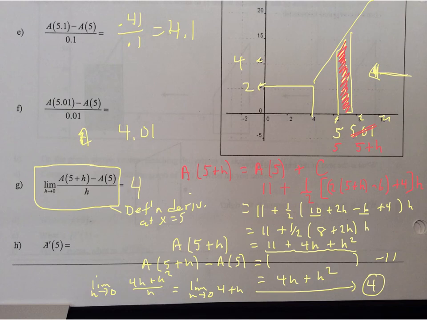So the derivative of the function at 5 is 4. Now, what I want you to do is think about this: take a look, we were right up here, we wanted the derivative at 5? Oh, and its function value was 4. That's a big connection right there.